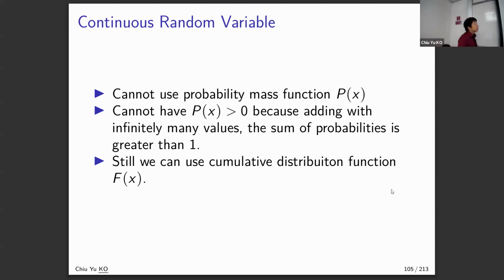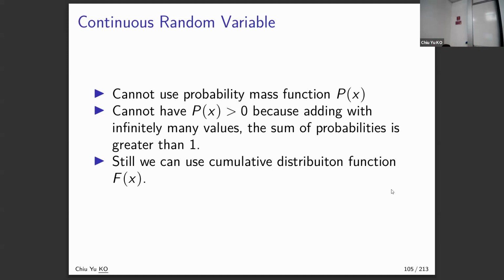So let me repeat why we need different tools for talking about continuous random variables. The reason is that P(X = x) will be 0 everywhere. We will make it precise. P(X = x) gives you a number, a probability.